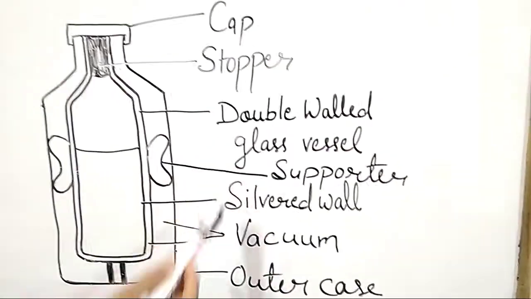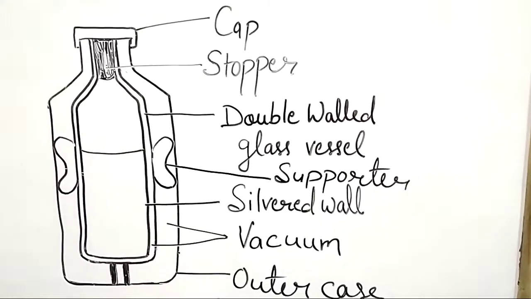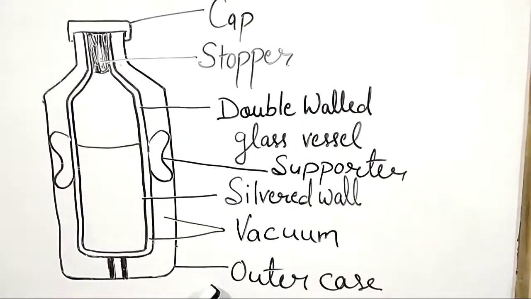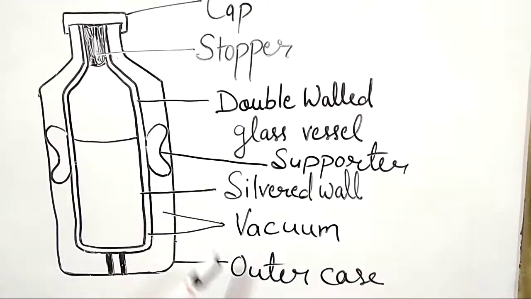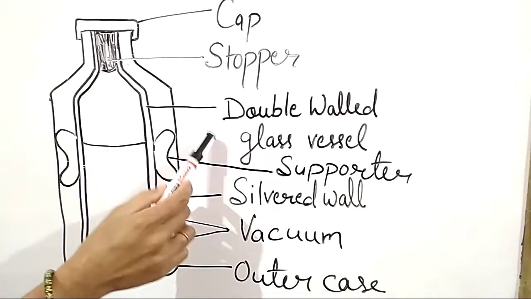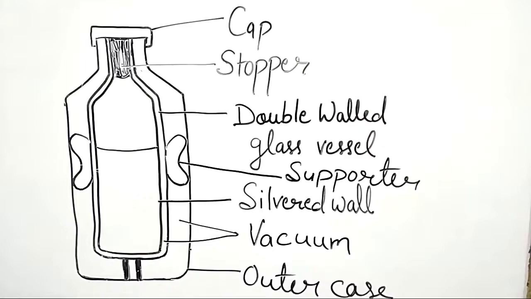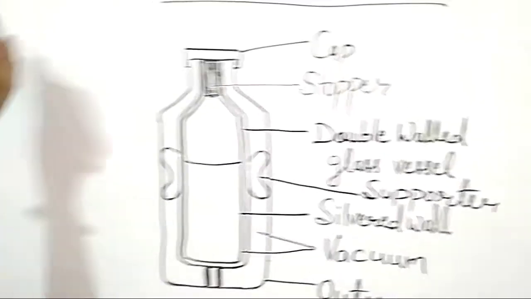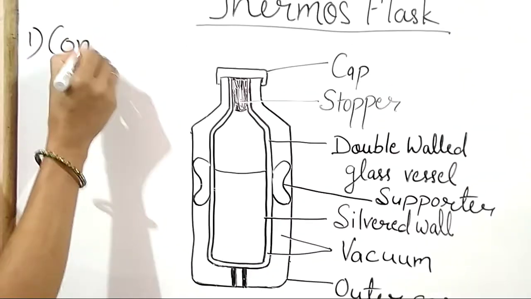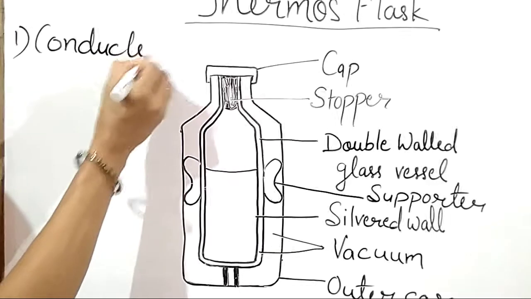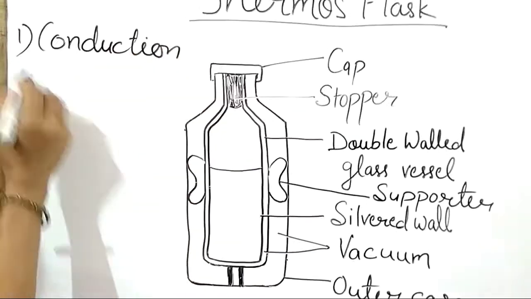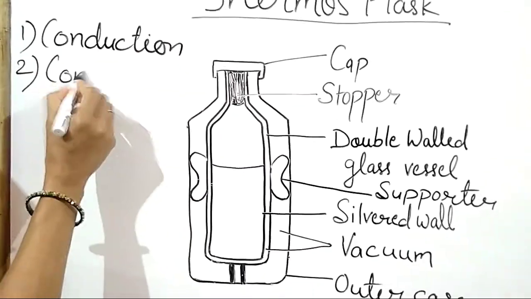Now we will understand how it works, how it keeps the cold water cold and hot tea hot. So as we have learned about the heat transfer, there are three methods of heat transfer. First is conduction. Second is convection.